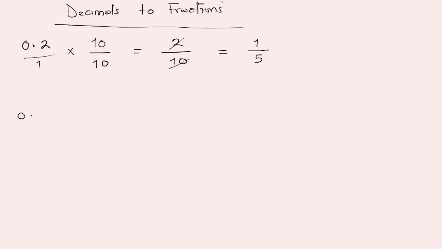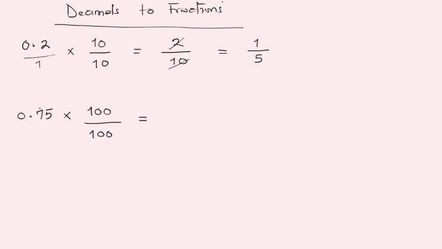So if we have 0.75 as an example, we count the number of decimal places. In this case, 1, 2, that's 2 decimal places. So we multiply by 100. 2 decimal places, we have 2 zeros. And so 0.75 multiplied by 100.